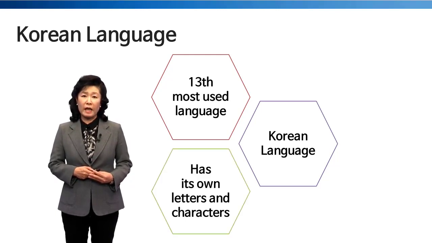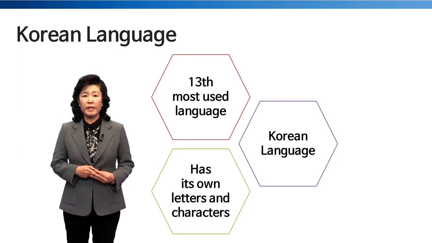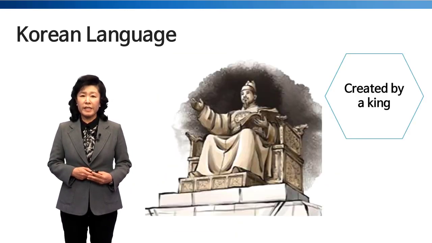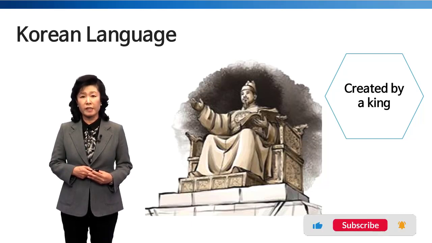Among these various languages, languages without their own letters and characters have vanished one after another. Korean is a language that has its own letters and characters. There isn't a precedent in which a king has created letters and characters for his subjects.